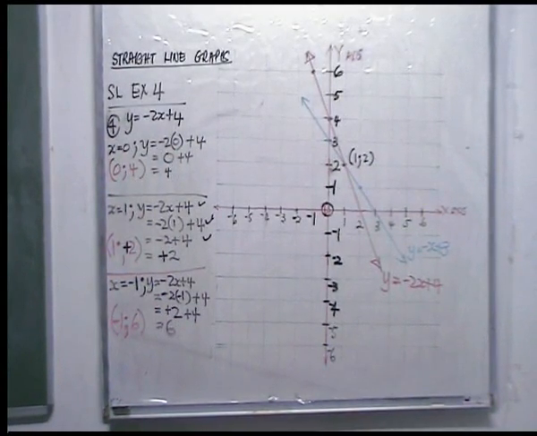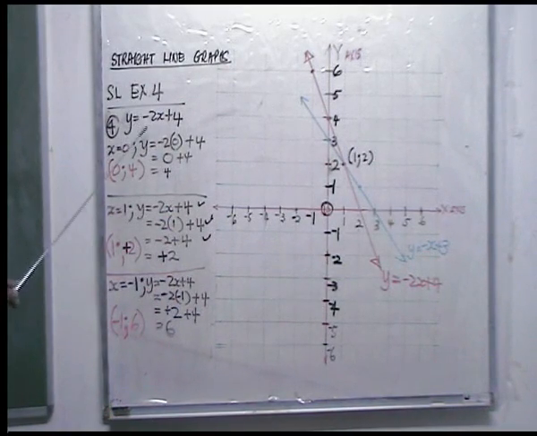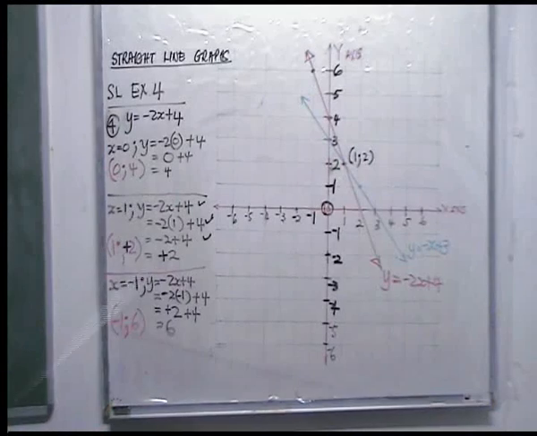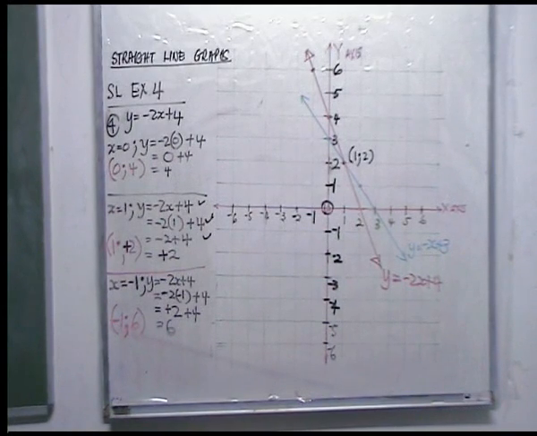Alright, so I think you've done enough examples now on how to draw straight line graphs using ordered pairs, provided that the equations are given to you in standard form. In the next lesson, which we're going to call lesson 4, we're going to give you graphs which are not in standard form, and you're going to learn how to bring them to standard form and then do the graphs.